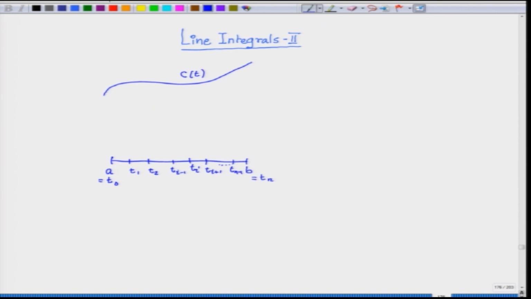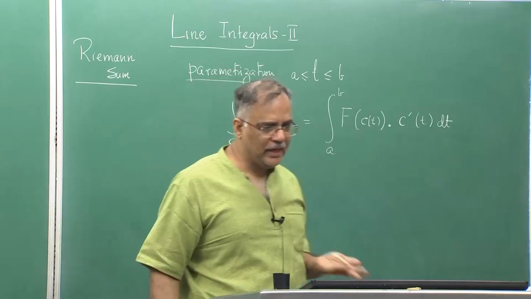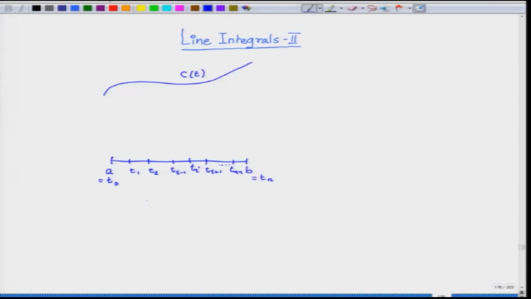So, there are n plus 1 points giving you n intervals. Take any interval ti to ti plus 1, which we will call the ith interval, and choose a point ui in ti to ti plus 1, and an element here.